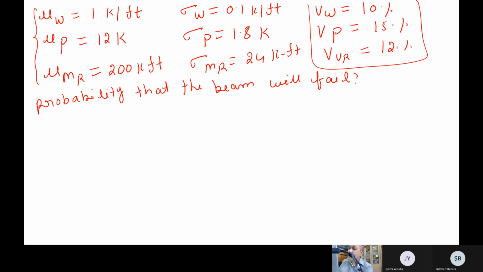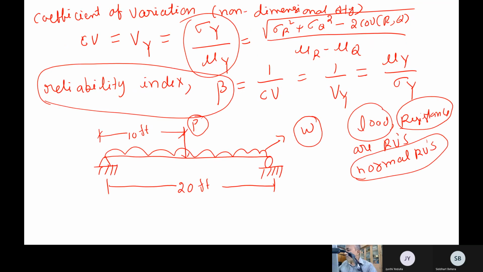So how do you calculate this? What is it that you have to do in this problem? What do you mean by failure here? We are talking about the bending resistance only. Forget about shear and other things, it is just the moment resistance only.